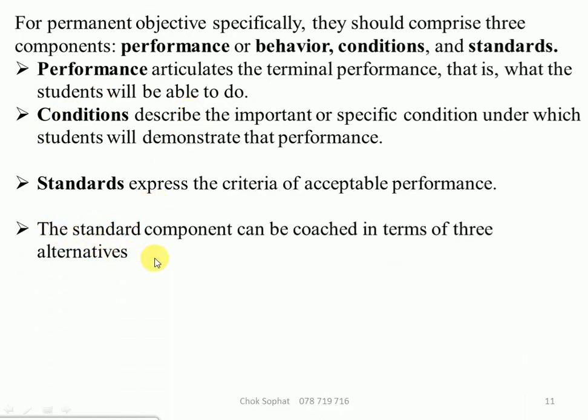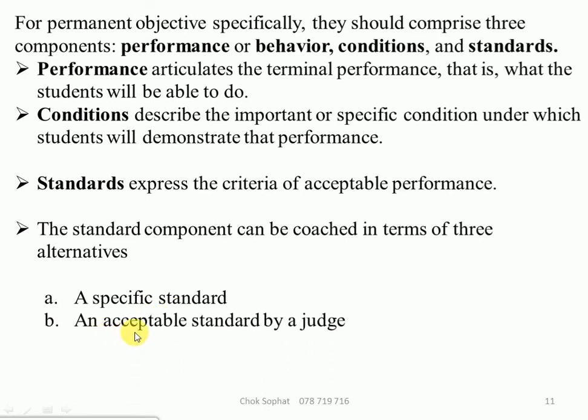The standard component can be couched in terms of three alternatives, like a specific standard, acceptable standard by judge, or we can say earning a high level of standard. These are the three alternative components of the standard.